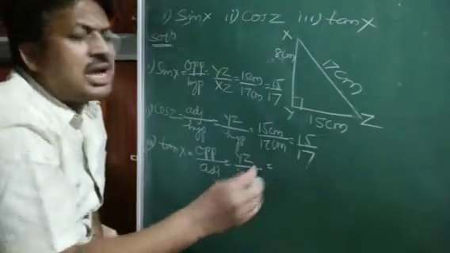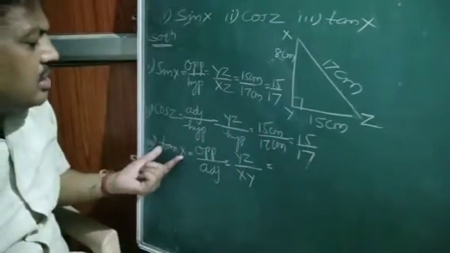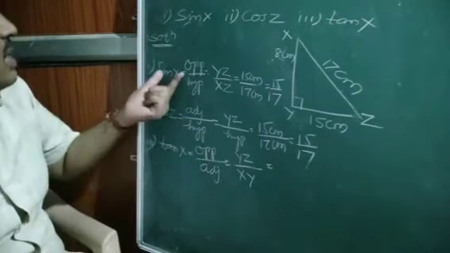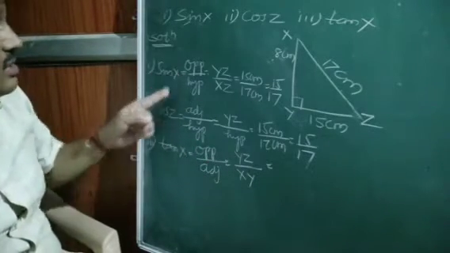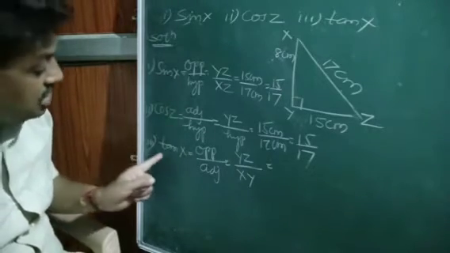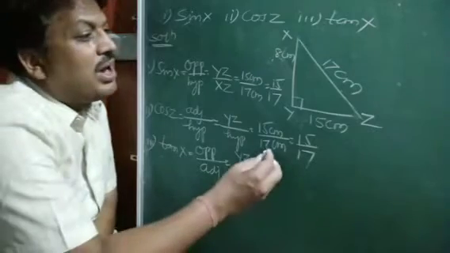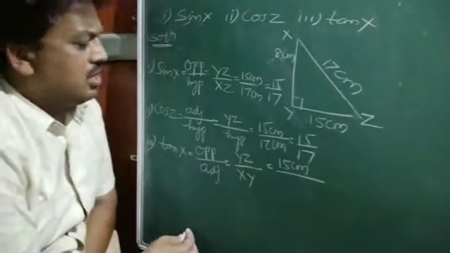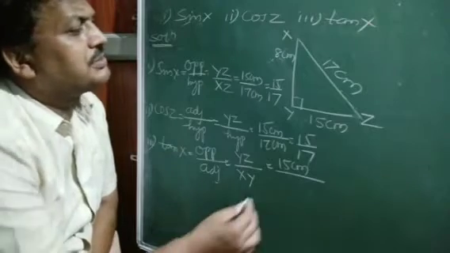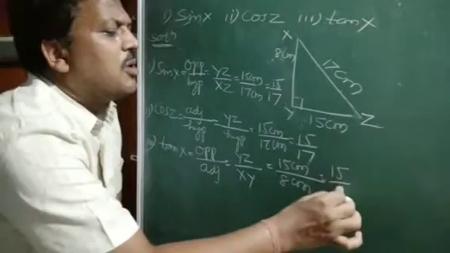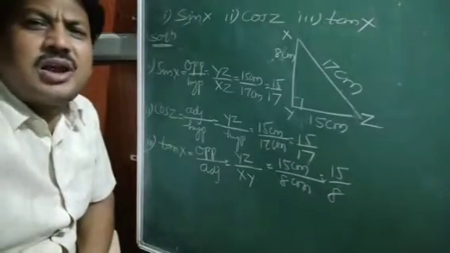Children, I have told that in 2 ways you can find it: either tan theta is equal to opposite by adjacent, or tan theta is equal to sin theta by cos theta. But here it is x and it is z, so don't do that one, because here theta is different. So it is better to do directly only. YZ 15 centimeter upon XY 8 centimeter. Centimeter cancels, 15 upon 8.